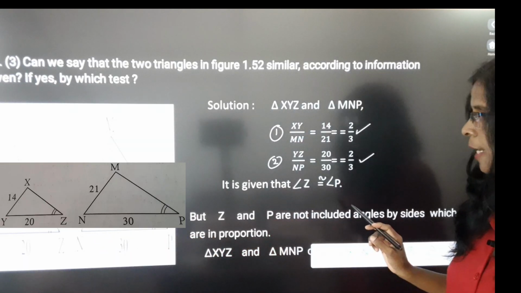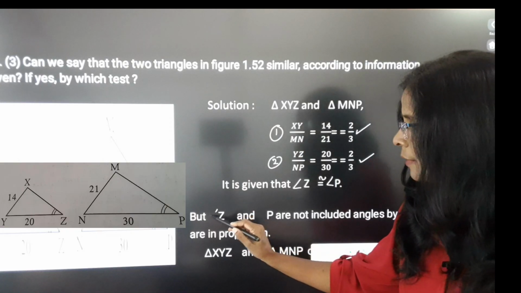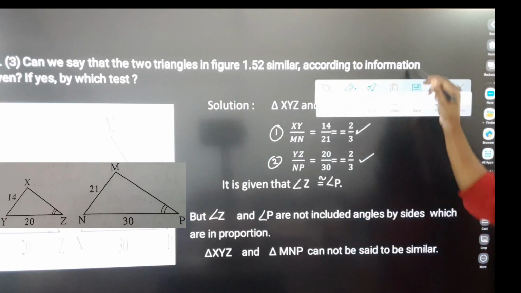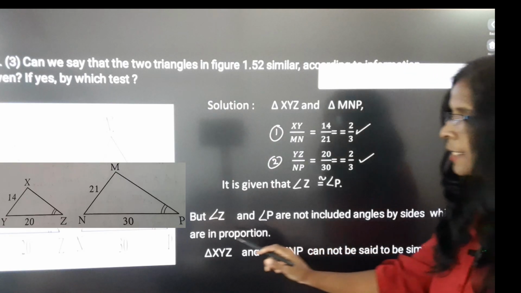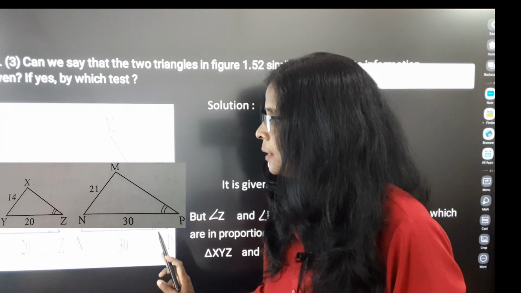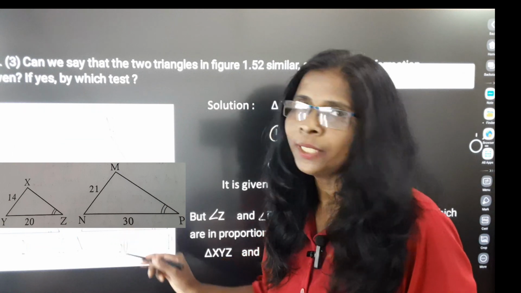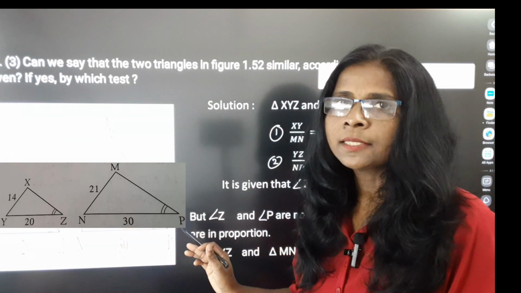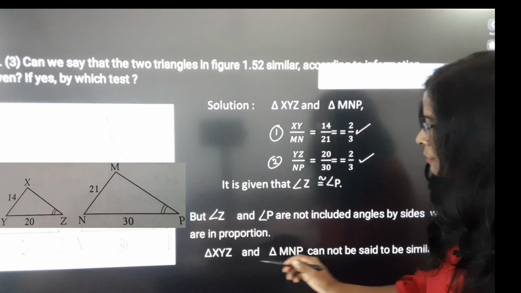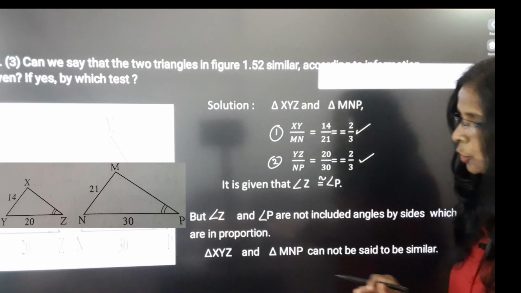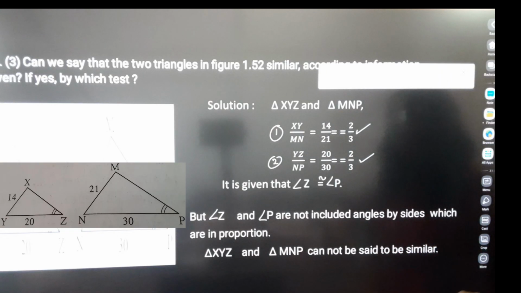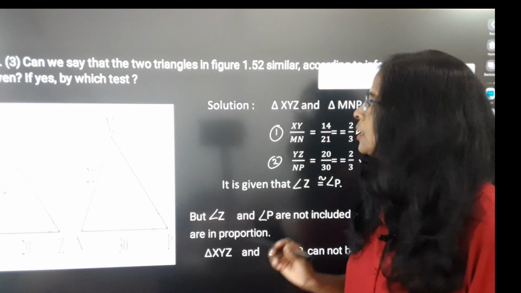But angle Z and angle P are not the angles included between the sides which are in proportion. So triangle XYZ and triangle MNP cannot be said to be similar.